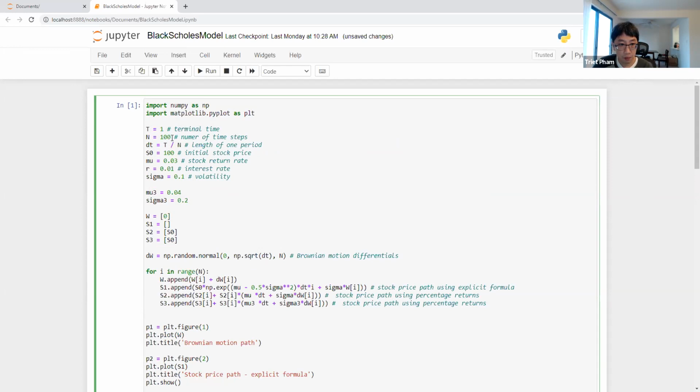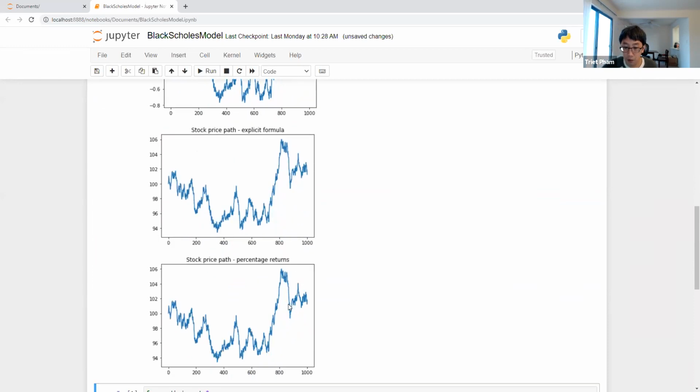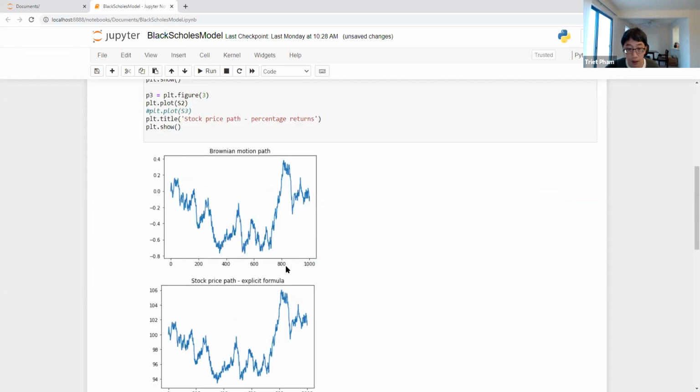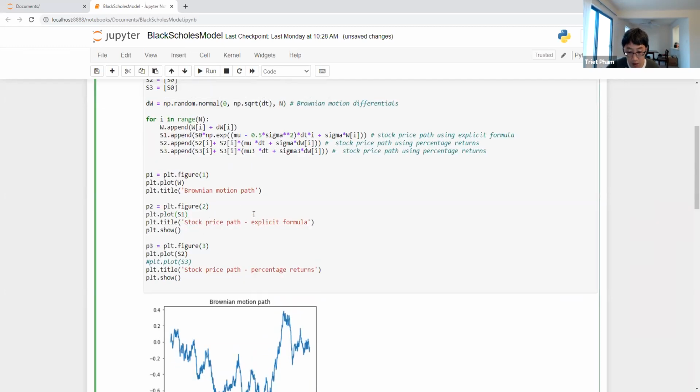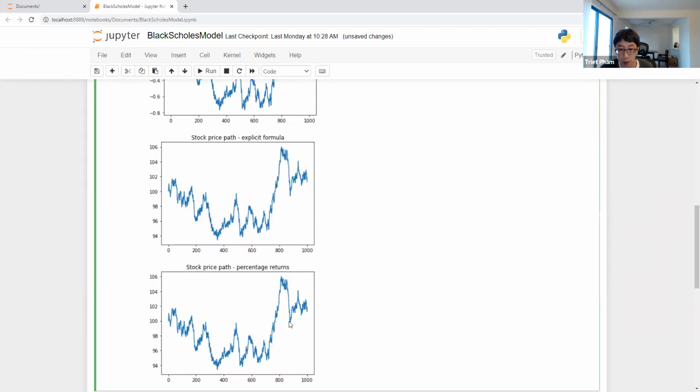So let's make dt smaller and compare. So you see how these two paths are more similar. Let me plot them on the same plot for you to compare. So now I will plot the two together. They should be superimposed on each other.